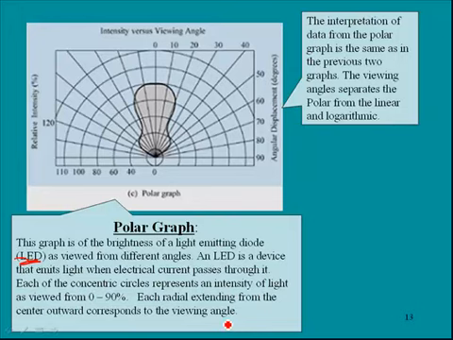As you can see here, if you're at 40 degrees, we're going to see about 40% of the brightness of this LED. If we were at 10 degrees off from it, we would see, in this case, 100% of its brightness. The interpretation of the data from a polar graph is the same as in the previous two graphs. The viewing angles separate the polar graph from the linear and the logarithmic.